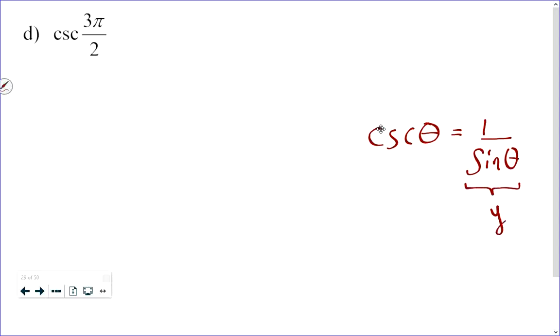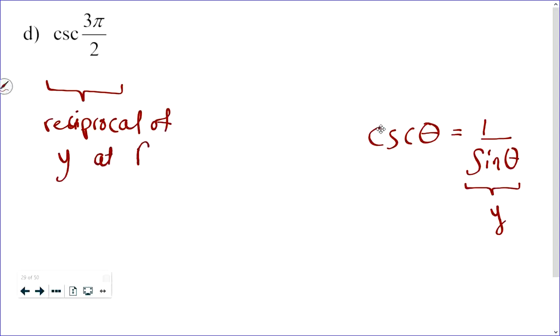So it's the reciprocal of y, at P of 3 pi over 2 on the unit circle. Because if it's not on the unit circle, then it's actually the reciprocal of y over r.